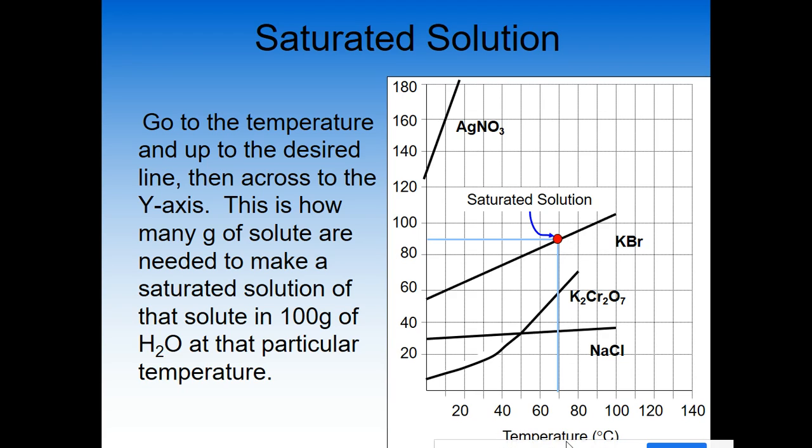Remember, temperature's on the x-axis. All of these are within 100 grams of water. If we have 100 grams of water, we have about 90 grams of potassium bromide. So these grams are describing your solute: 90 grams of potassium bromide in 100 grams of water at 70 degrees Celsius.